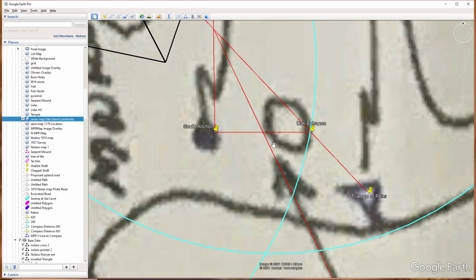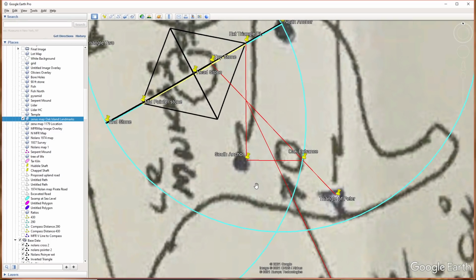So it is bisecting, and that tells me that it is an indicator of basically the location of this east-west line is proper.